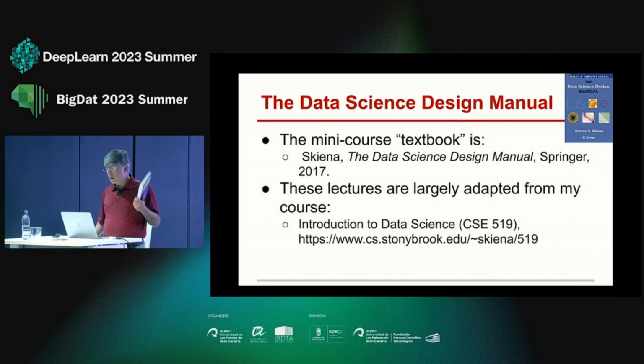Anybody who's interested in data science, I encourage you to check out this book, which is called the Data Science Design Manual. This book is what I use when teaching my own data science class back at Stony Brook. And if you're interested in my data science class, I'll give you the link to all the lectures from my courses, some of which this is going to be drawn from. Any questions or comments so far?